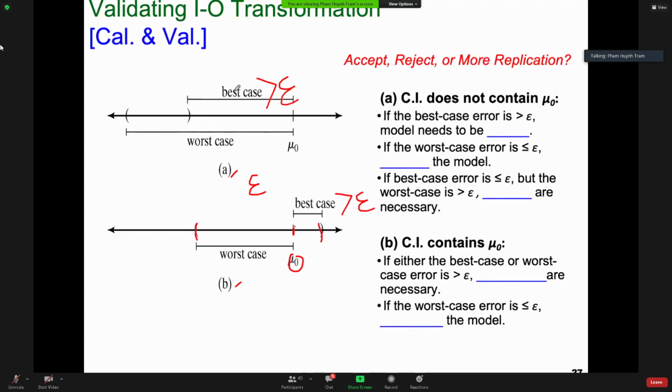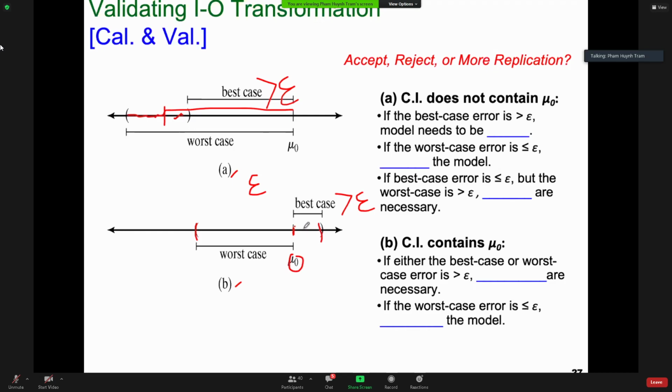Look at situation A. In A, having the best case larger than epsilon guarantees that the other values in the confidence interval, from here to here, are also larger than epsilon. However, in situation B, having the best case larger than epsilon doesn't guarantee that other cases are also larger than epsilon.